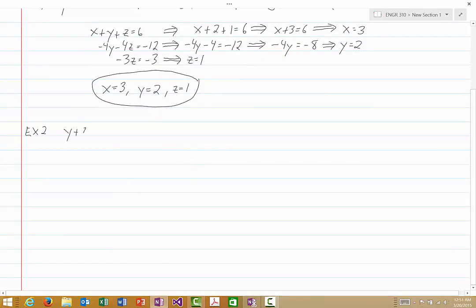y + z is equal to 9. x + y - z equals 2. And x - 2y + z equals 0.